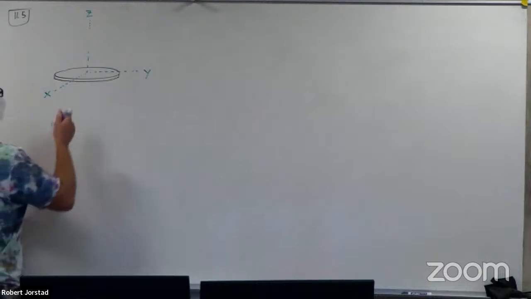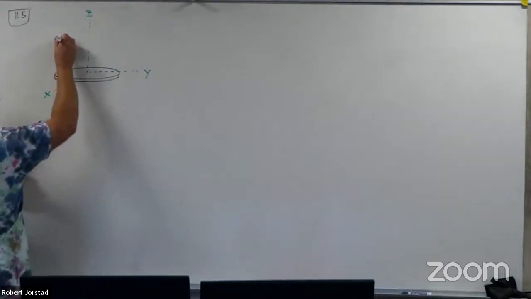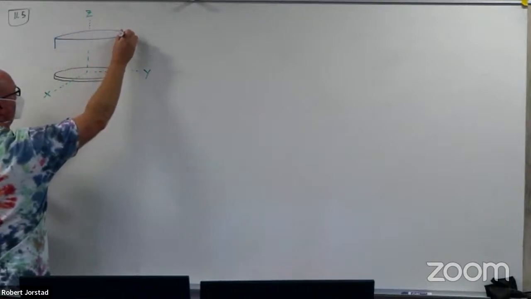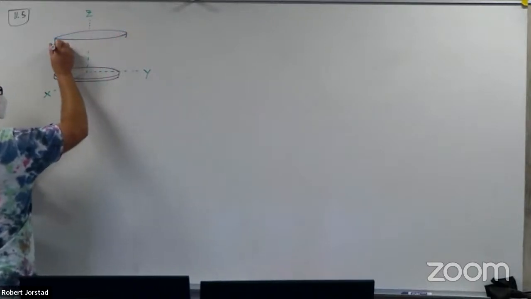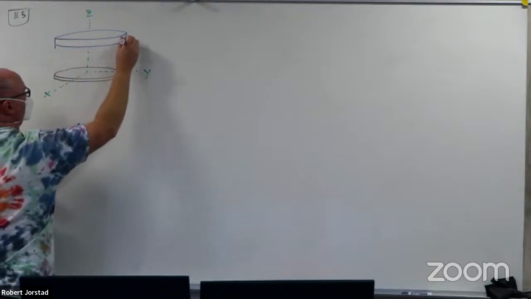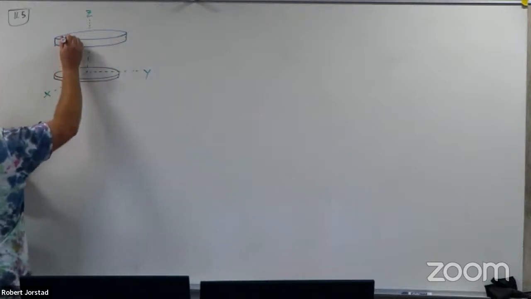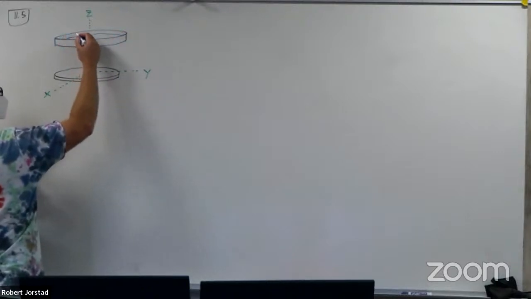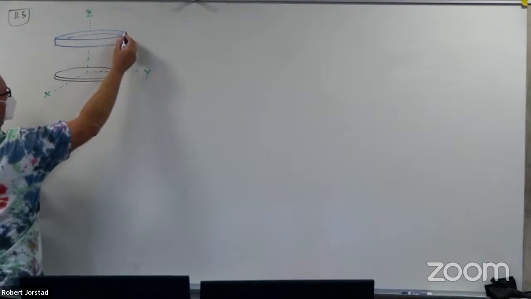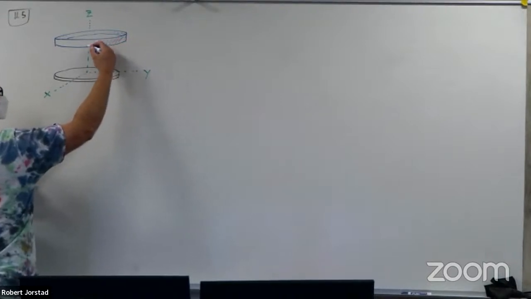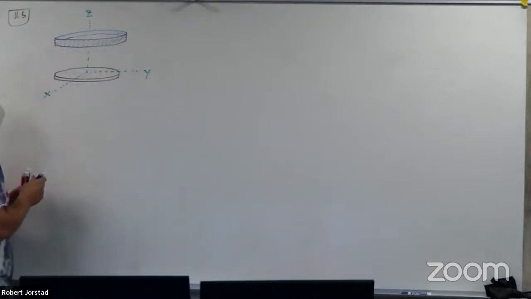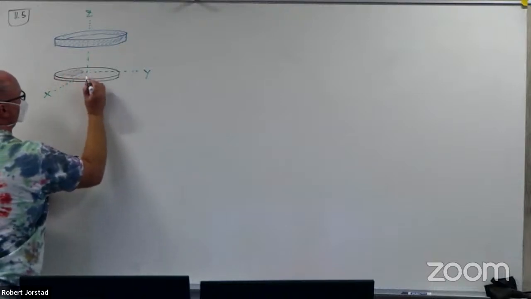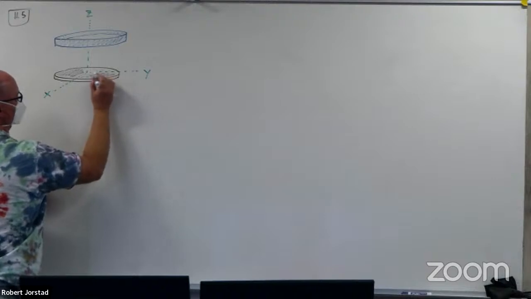Now up here, I've got my ring. My attempt to draw that. Just so you can see that it's not solid, I'm going to shade this one in, okay? So the idea again is this is a solid disc, and that ring is a thin ring.